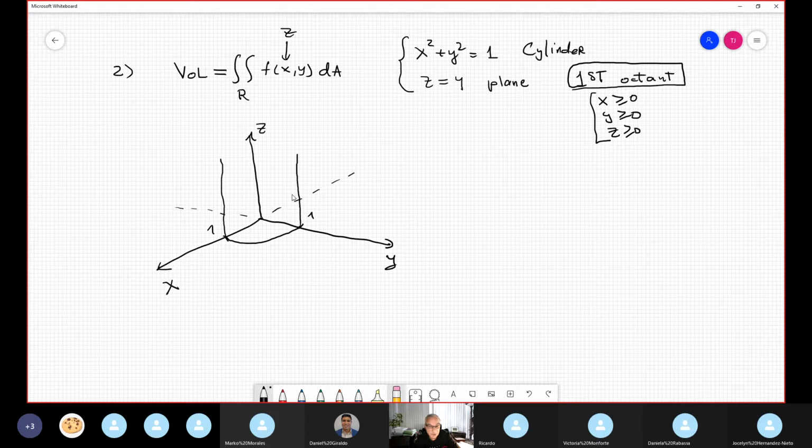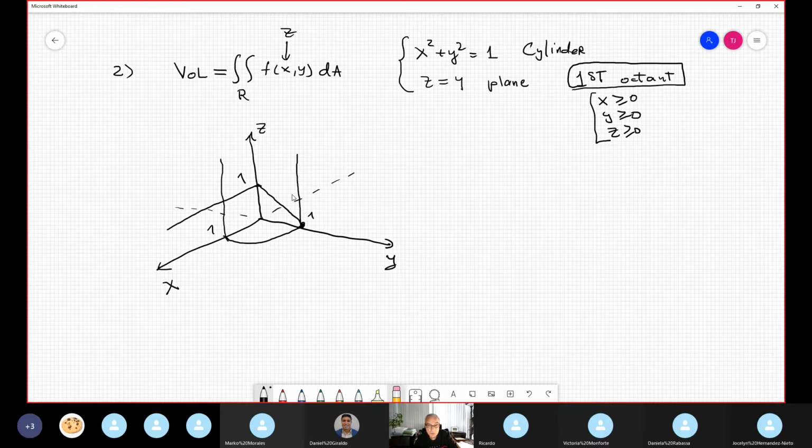So one point here, suppose z equal 1 and y equal 1, so it is like that. And this is along the x-axis, because x is missing.